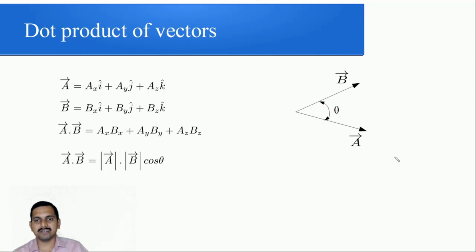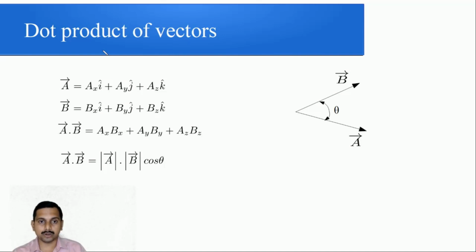So if A is the force vector and B is the displacement vector, the dot product between these two vectors will give us the work product. Also, work is a scalar. When we go with dot product, what we get is a scalar. That's why dot product is also called a scalar product.